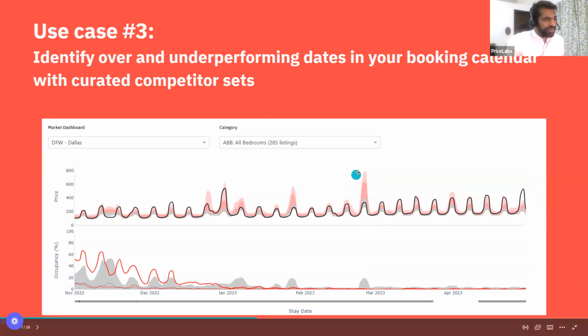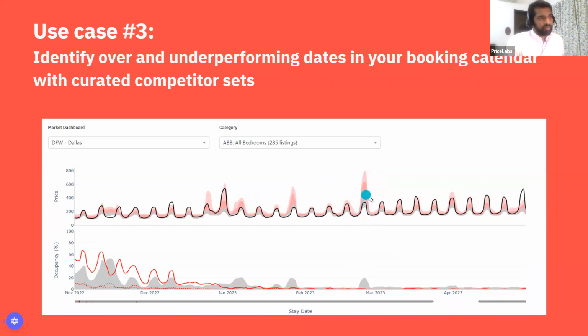Or here, the rates are significantly high for the comp set, but maybe my prices are not as high. I may want to see what might be happening. Generally, PriceLabs will pick up this, but maybe something is very unique to your comp set. Again, not something that I generally recommend to most users, unless you have hundreds of properties and you're really diving into this kind of data set.